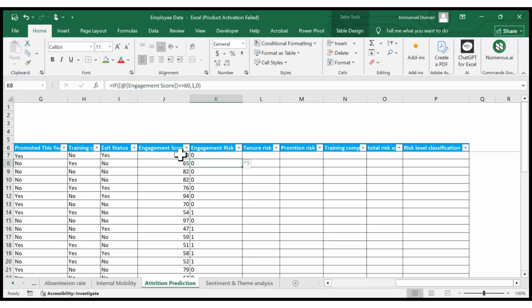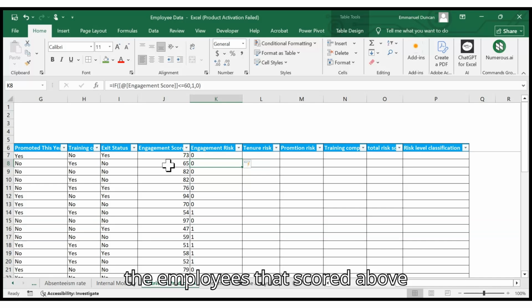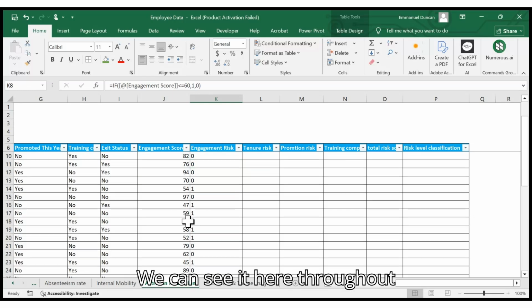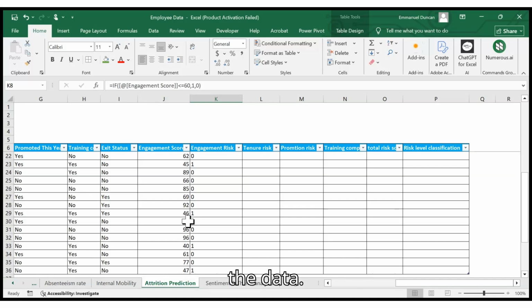We have the employees that score above 70 being pegged as 0. Then those who scored below 60 being represented as 1. You can see it here and throughout the data.